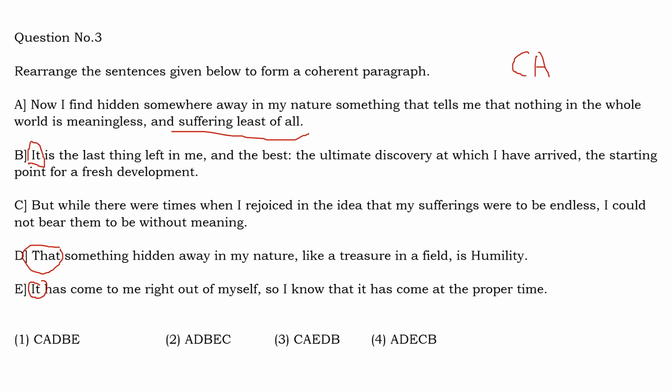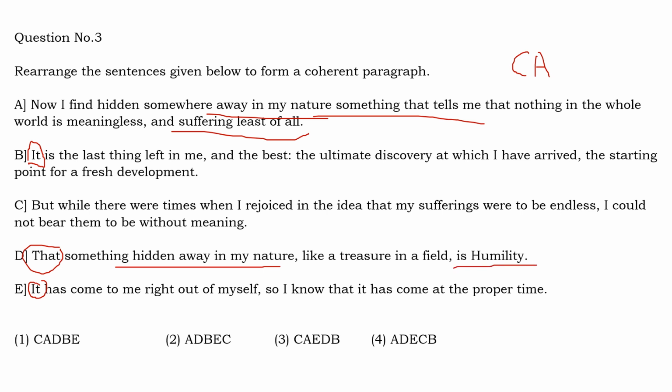And then what should be the next sentence? See, somewhere away in my nature something tells me. So something inside his character told him that suffering is not meaningless, and that something hidden away in my nature is my humility.